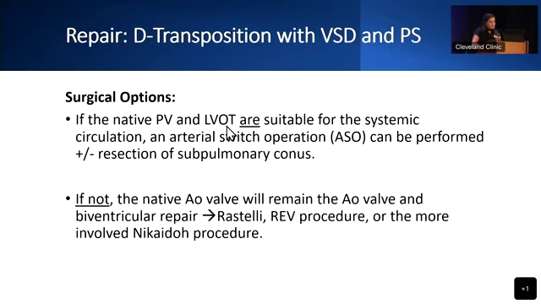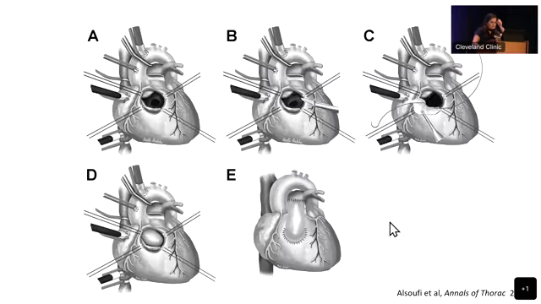Now, if the native pulmonary valve and the LVOT are suitable for systemic circulation, then you can just go ahead with an arterial switch with or without resection of subpulmonary conus, as your imagers can help determine. But if not, then the aortic valve will remain the aortic valve. And then a biventricular repair with a Rastelli, REV, Nikaidoh, or the half truncal turn procedure can be done.